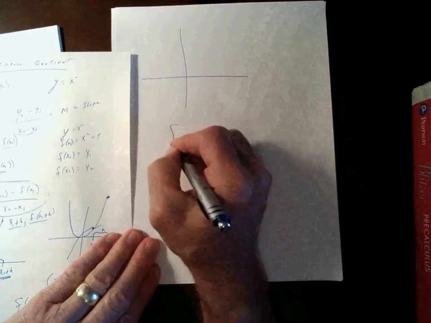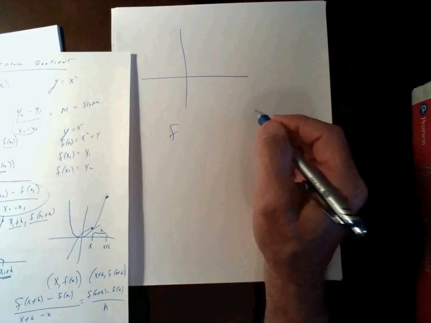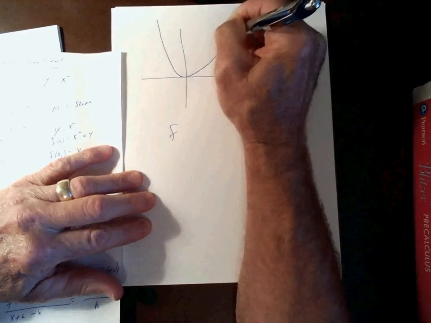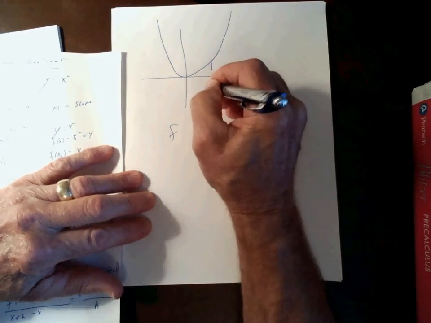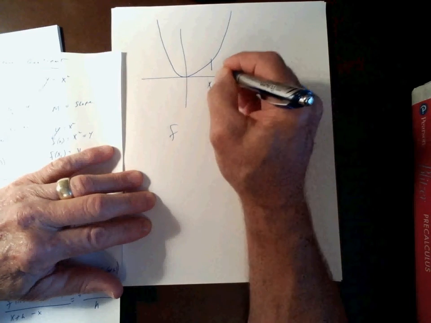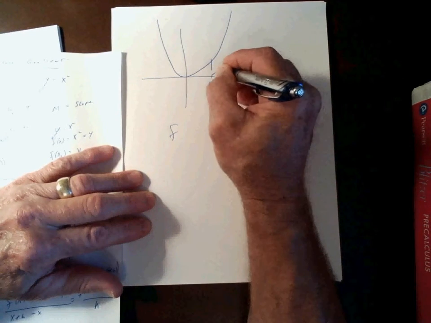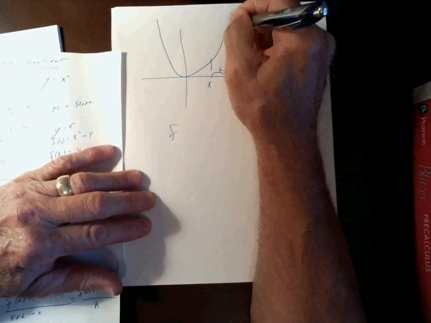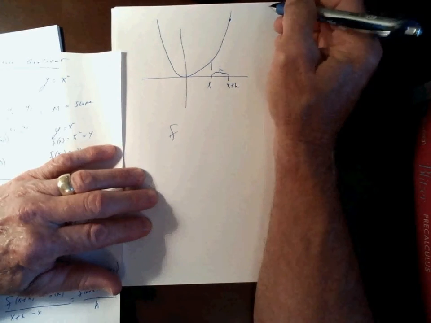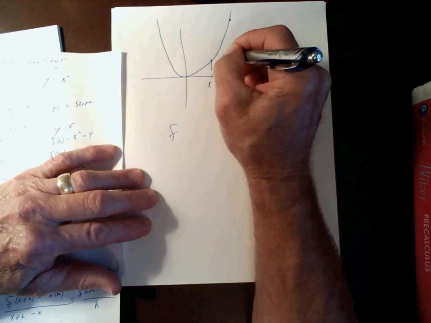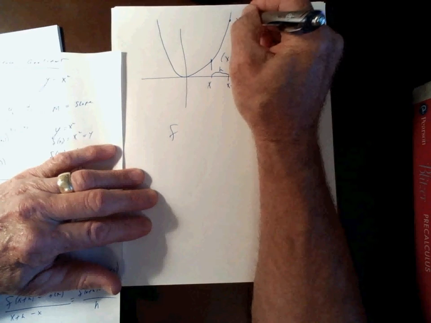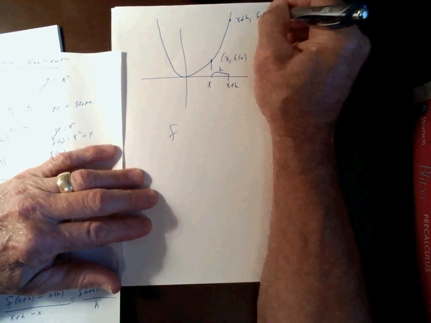So I'm going to do this one more time just because it was kind of hard to see on the other paper. If I look at these 2 points, this being x and this being h units away from it, this would be x plus h. And when I move up to the point on the curve itself, we'll have this point be x comma f of x, and this point up here be x plus h comma f at x plus h.